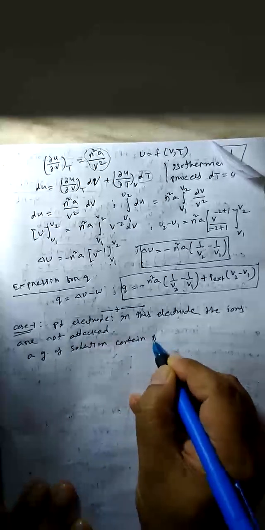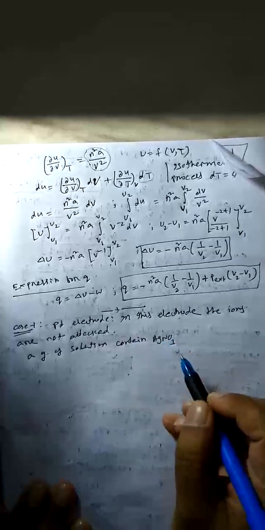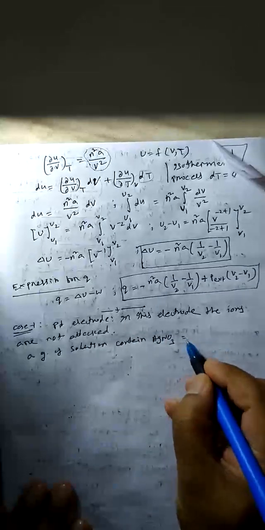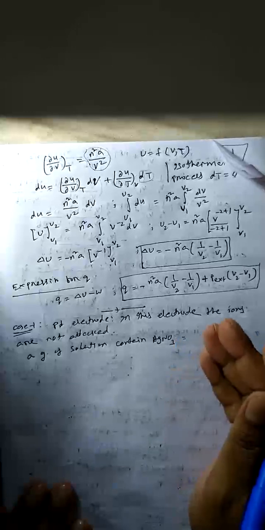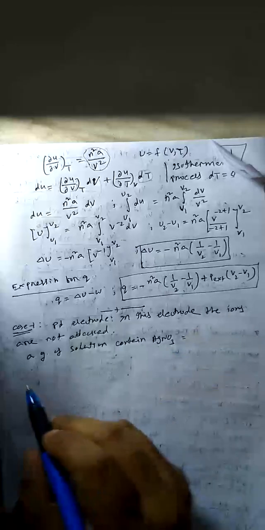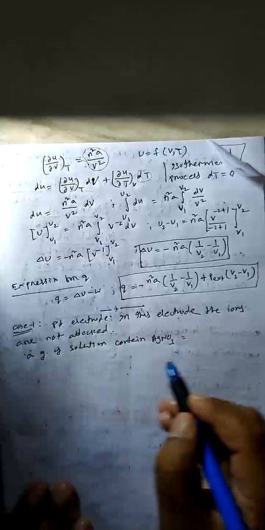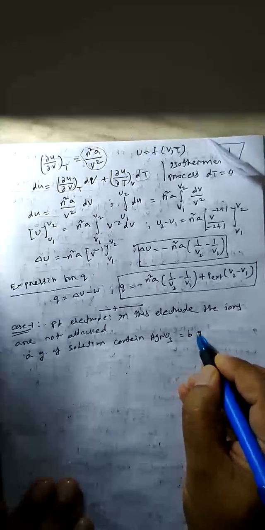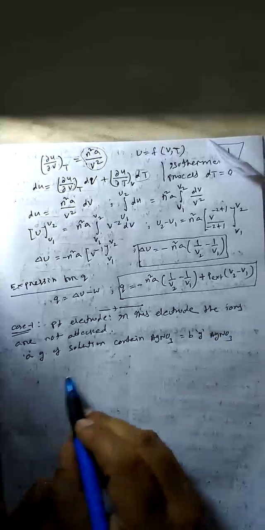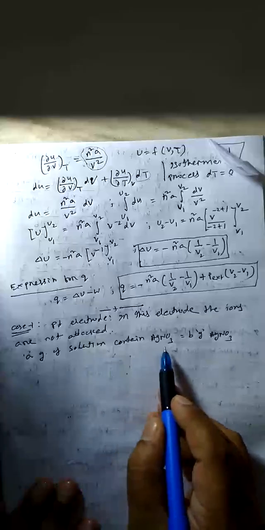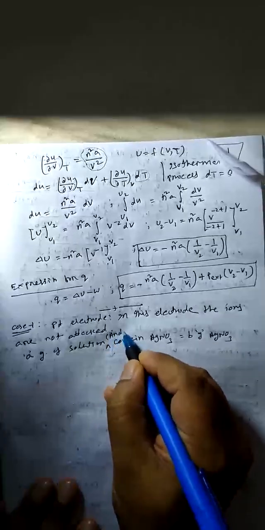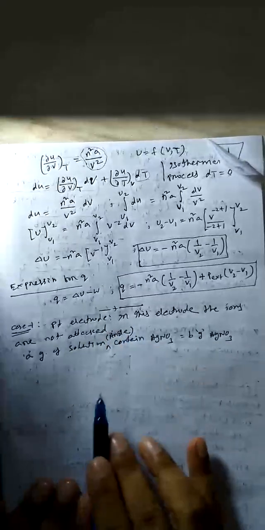A gram of the solution contains silver nitrate. By titration method we see what the concentration of silver nitrate is. You can titrate by any method, for example with sodium chloride, since silver chloride is easily precipitated. So a gram of the anodic solution contains b gram of silver nitrate.